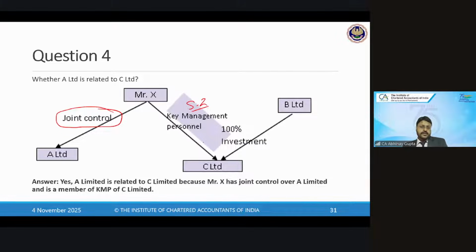Yes or no? KMP is SI. Correct. So Mr. X is a KMP and Mr. X is a joint controller. So A and C are related. Why? Because Mr. X can influence C Limited to do some favorable or unfavorable transactions with A Limited, right? And vice versa.